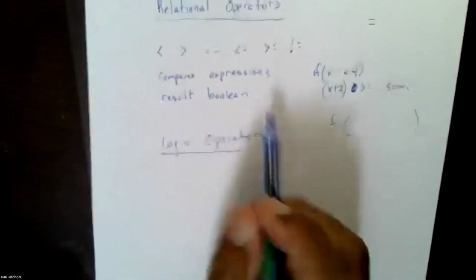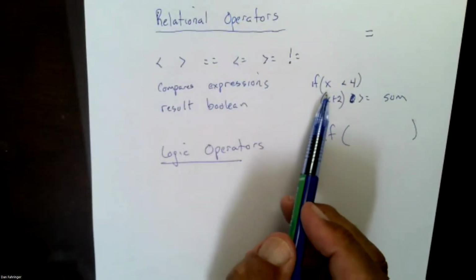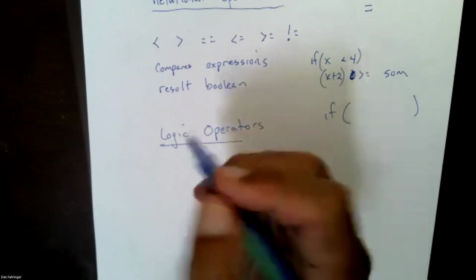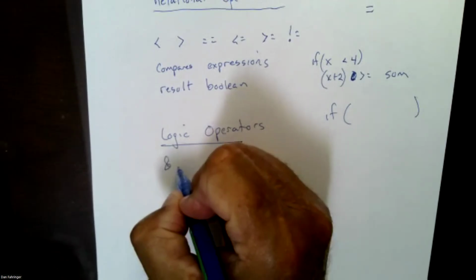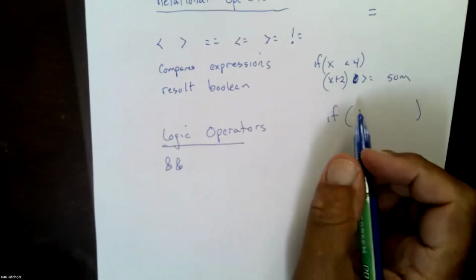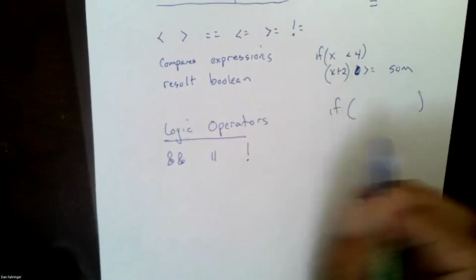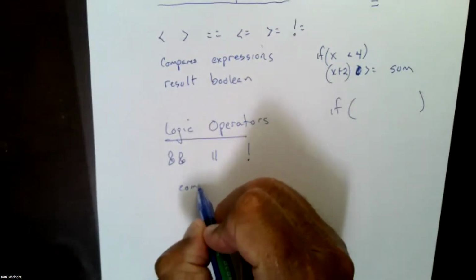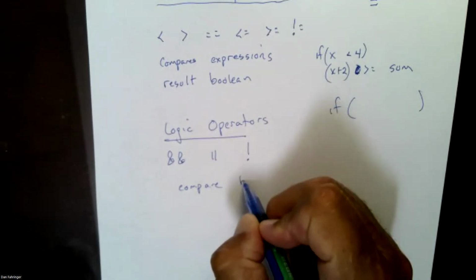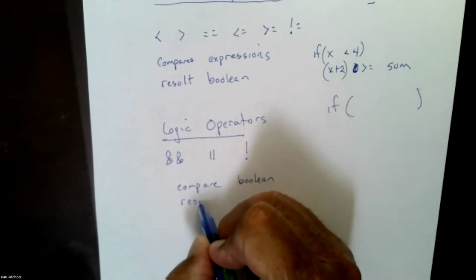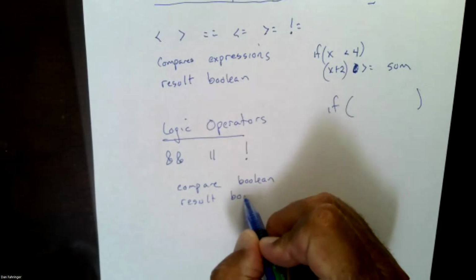And as I said, we start with relational operators, and now we have logic operators. And the logic operators are this guy, and, or, and not. And these compare Boolean results, Boolean.